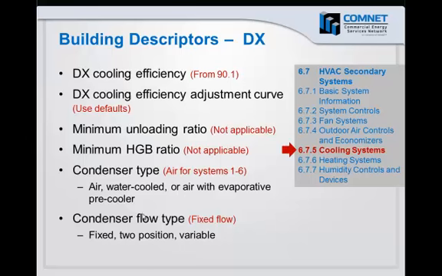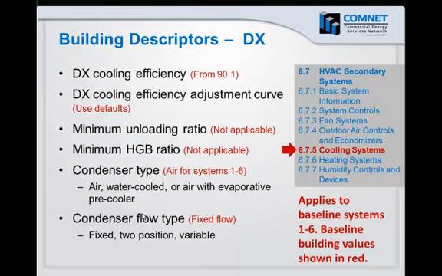And again, DX applies for baseline systems 1 through 6, and I've indicated what the baseline building values are in red next to each building descriptor. The condenser type is always an air-cooled condenser for systems 1 through 6.